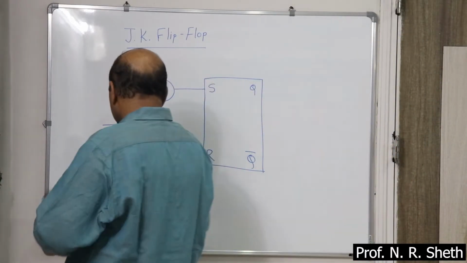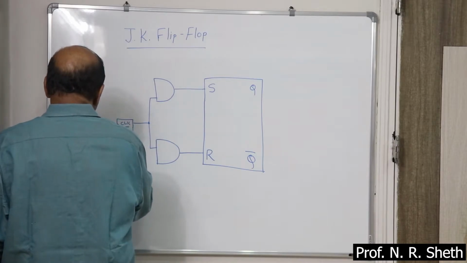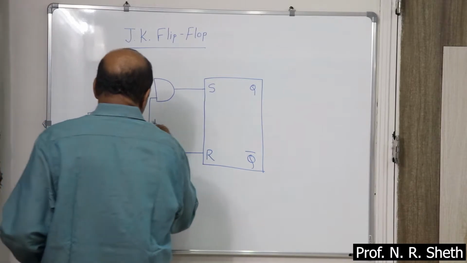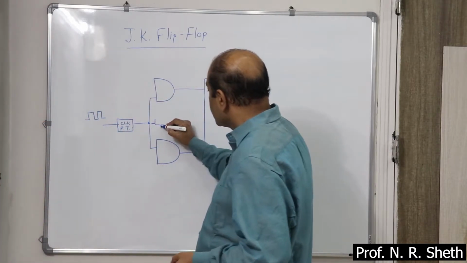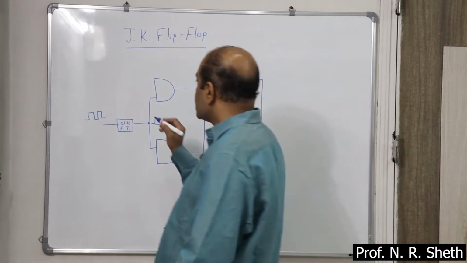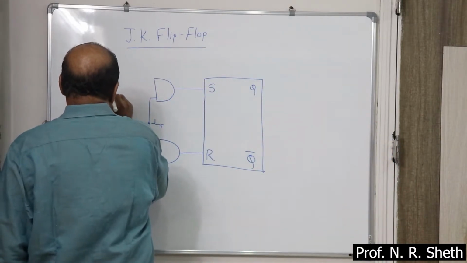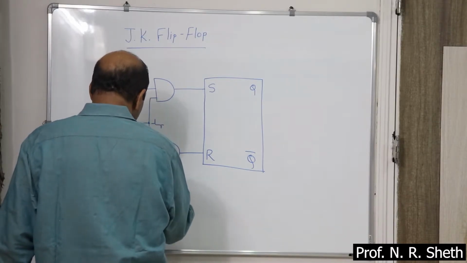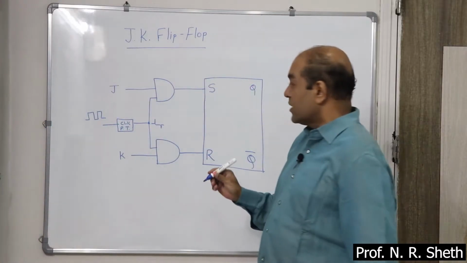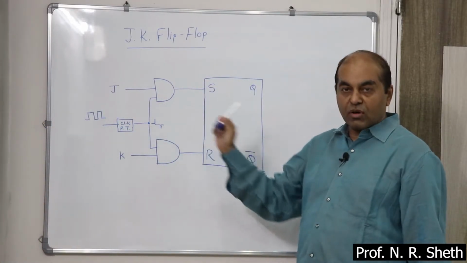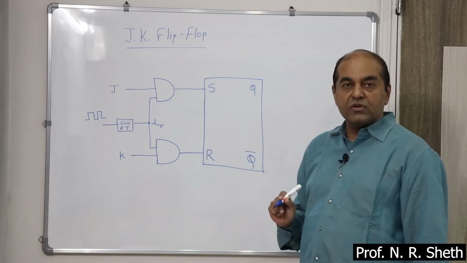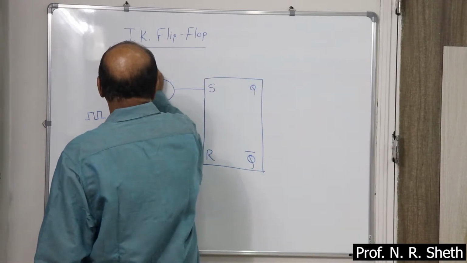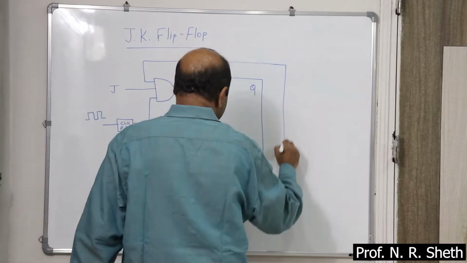Here we are applying a square wave, so the actual input is a spike. The second is the control input, that is J and K. The first input is the clock pulse, the second is the control input J and K, and the third one is connected with the output in this manner.